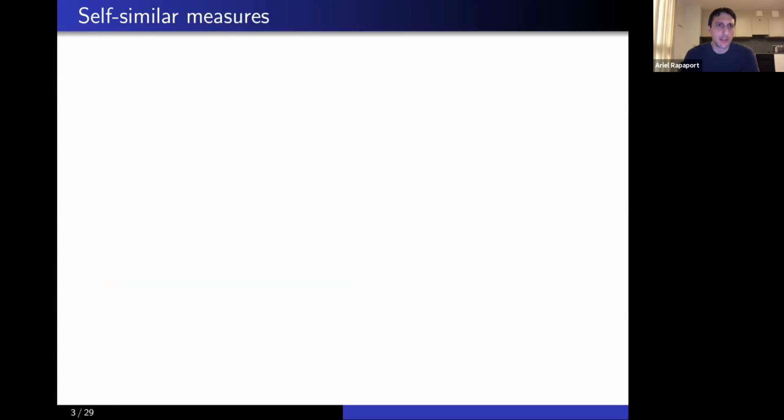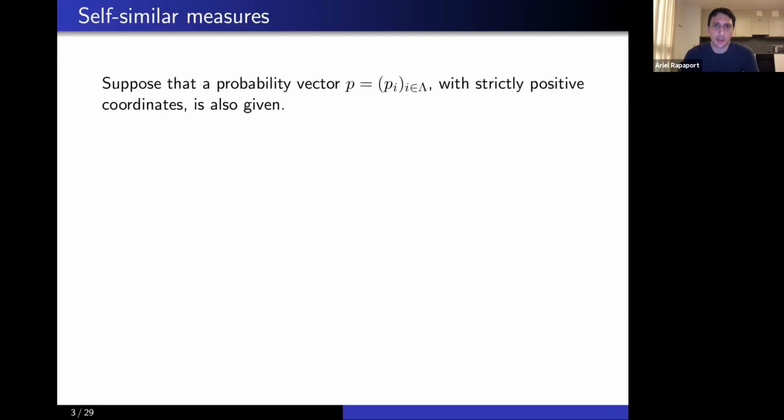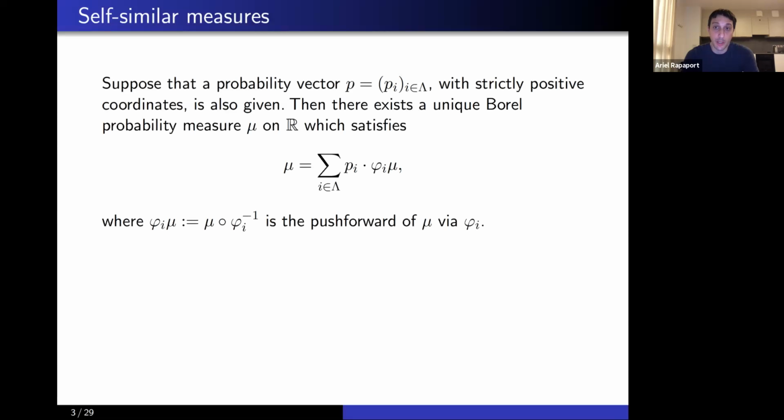So I'll move on to talking about the self-similar measures, which are the natural measures supported on self-similar sets. Suppose that we're also given a probability vector p, also indexed by lambda, which has strictly positive coordinates. Then there exists a unique Borel probability measure mu on the real line which satisfies the following relation: mu is equal to the average over i with weights pi of its own images with respect to the maps phi i from our IFS.